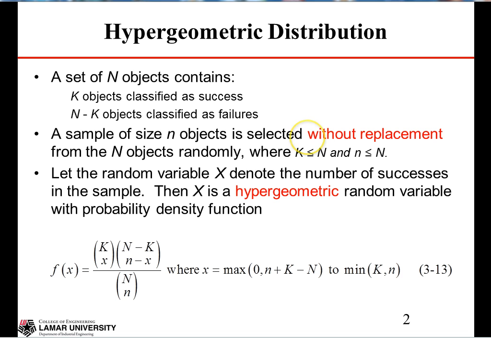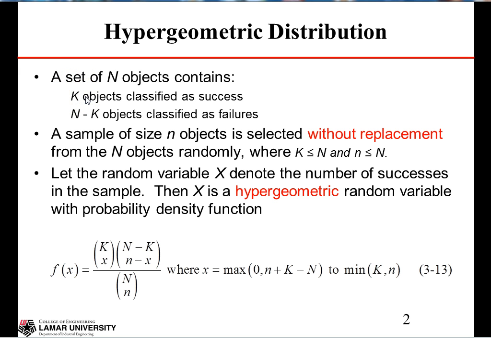Because with replacement, each sampled object can be considered a Bernoulli trial with the same probability of success, and the success rate is capital K divided by capital N, because out of the total N objects we have K successes.